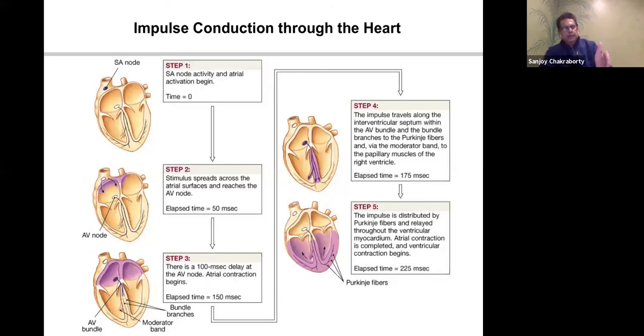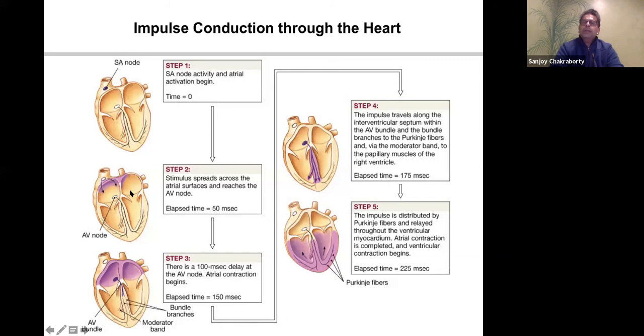So if a cardiac muscle cell wants to undergo systole, which is contraction, it needs to depolarize first. So this signal depolarizes them, and it takes only 50 milliseconds. So the signal from the SA node goes through the internodal pathway to the AV node in only 50 milliseconds, and the atria depolarize.